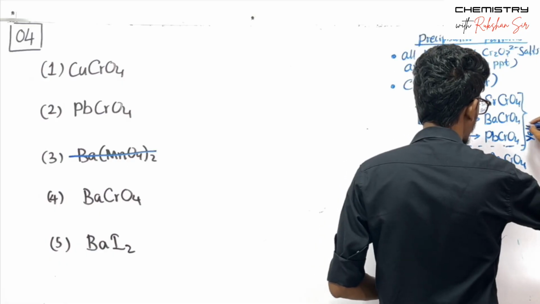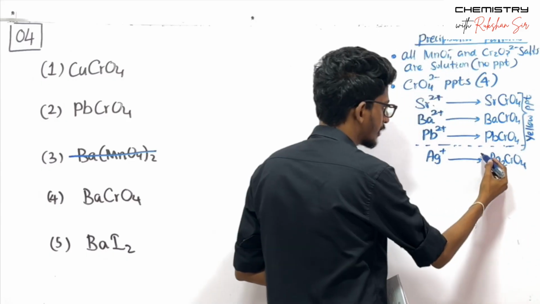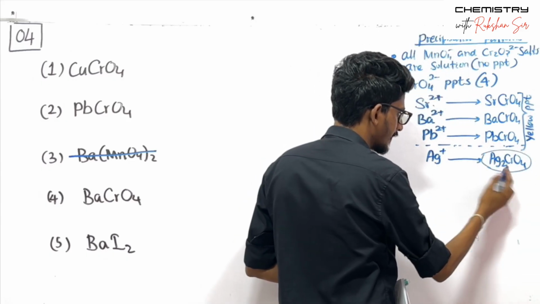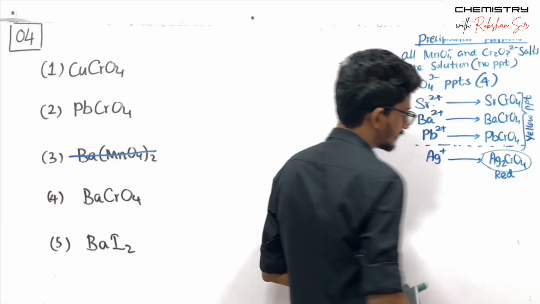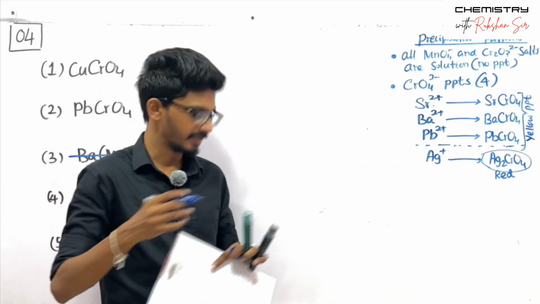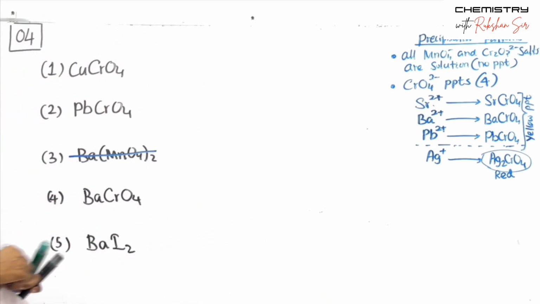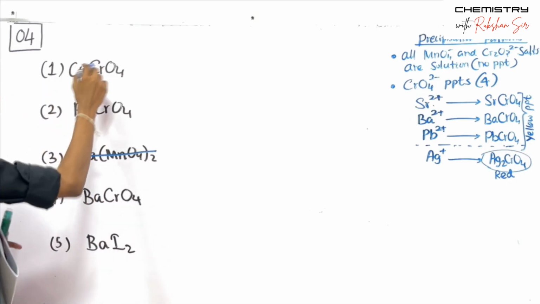Normally chromates are yellowish. And this one is special. This one is red. Those are the chromate precipitates. So with that knowledge, we can say this is not going to be a precipitate.